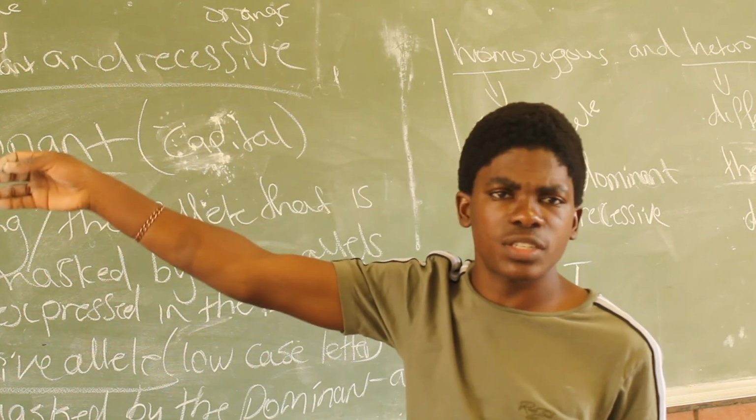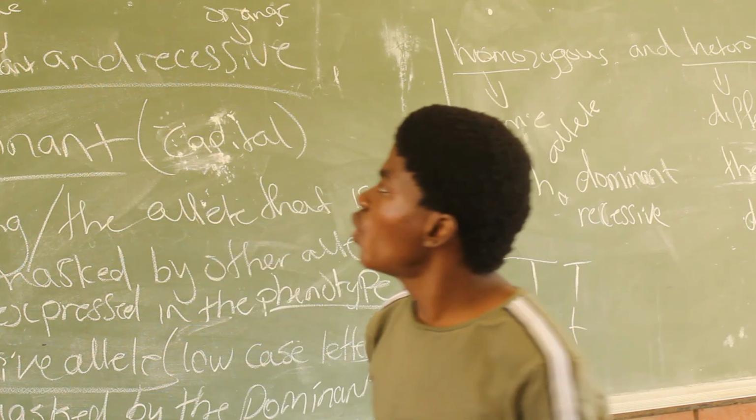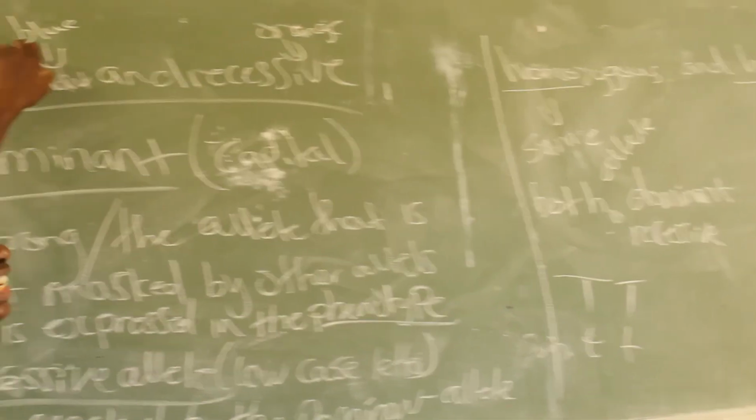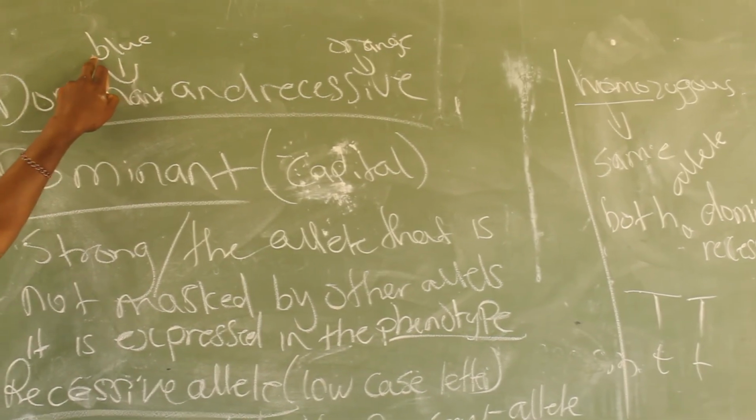Because we know that alleles are alternative forms, alternative expressions, what we do is take the first letter of the dominant allele.